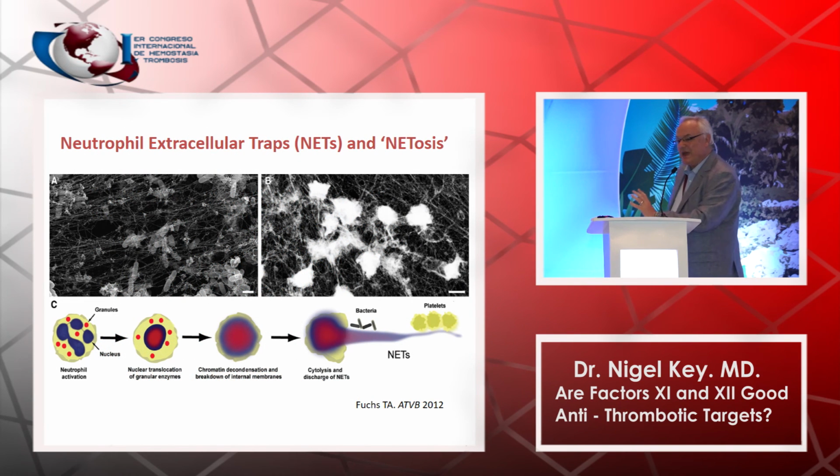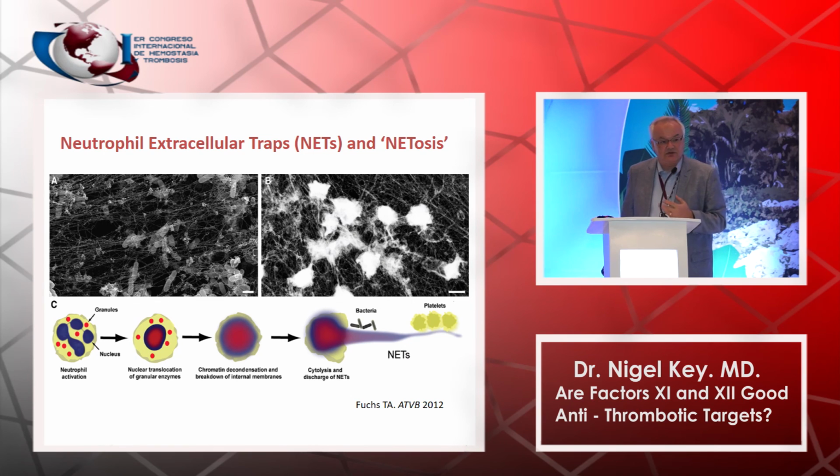To do so, I just want to back you up to something else you've probably heard about, which is the discovery of neutrophil extracellular traps, or NETs, and the process of forming NETs when neutrophils become activated. It's shown schematically on the bottom here: there's a condensation of the granules, a nuclear translocation, and basically the end result is that the neutrophil disgorges or spews out DNA, which certainly has an antibacterial effect.